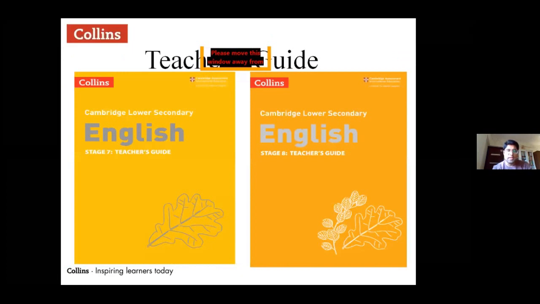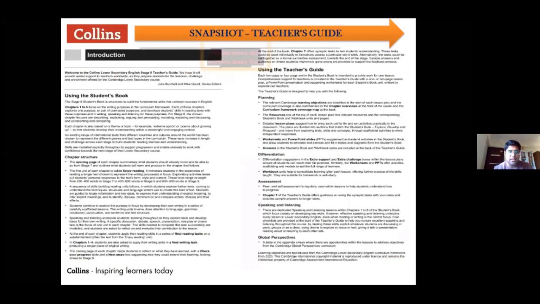This is something with the teacher guide, which is again available on the Collins site. Okay, Collins ebooks. The teacher's guide for Stage 7 and Stage 8 are so detailed, and I've taken a snapshot from the teacher's guide just for your reference, how it looks. How to use the student's book is given on one side, and how to use the teacher's guide.